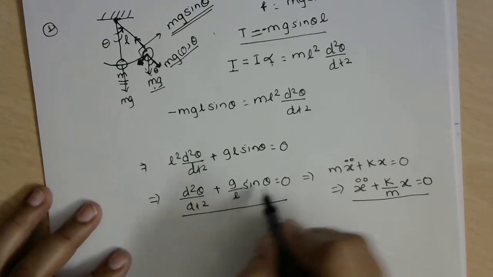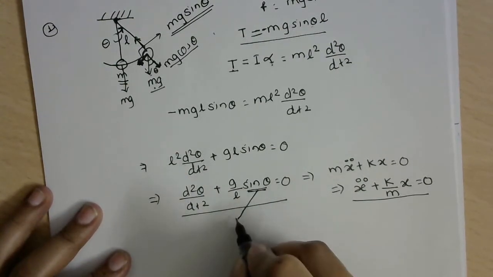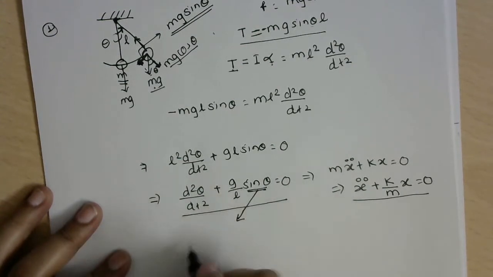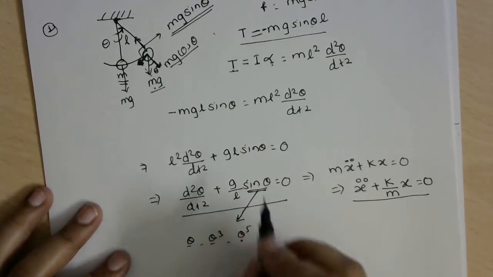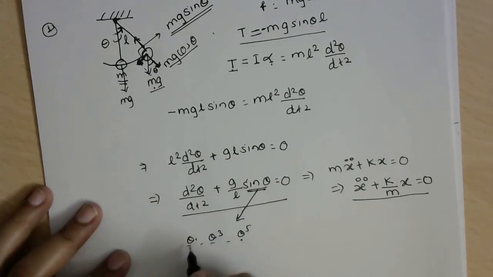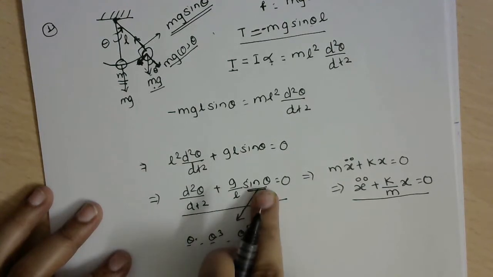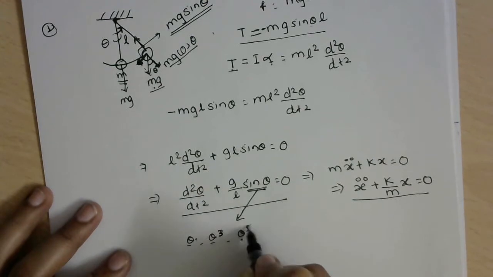Because we have a sine theta term over here, and I don't know whether you are aware of it, but the sine theta term has theta cube, theta raised to 5, these quantities coming into the picture. So you can express this as a series, and there are an infinite number of terms in that series, and the summation of those infinite terms can be considered equal to sine theta, and those terms involve higher powers of theta.